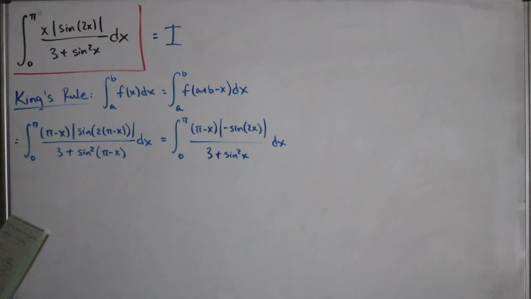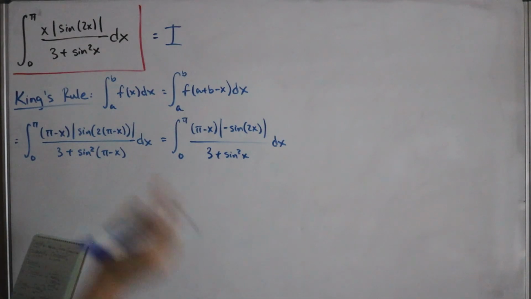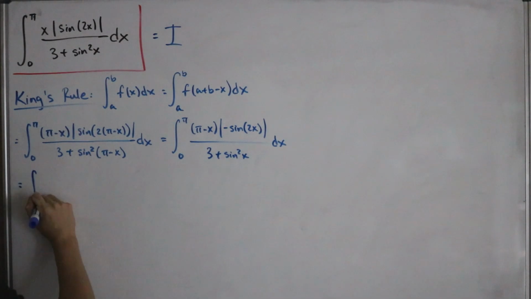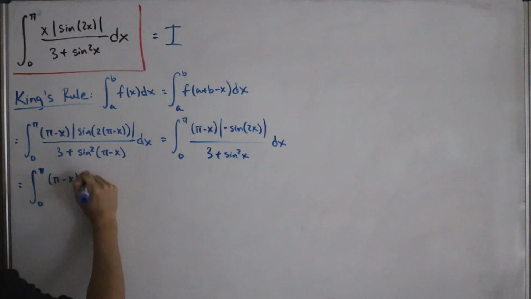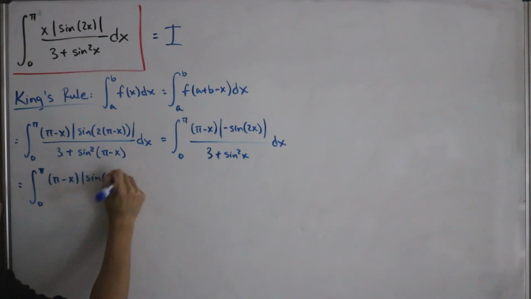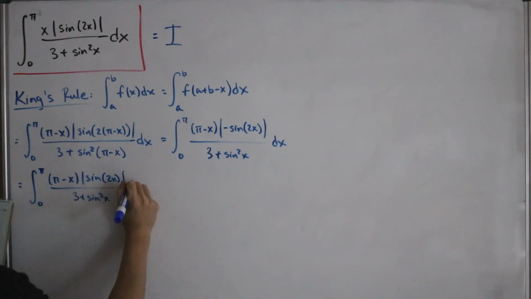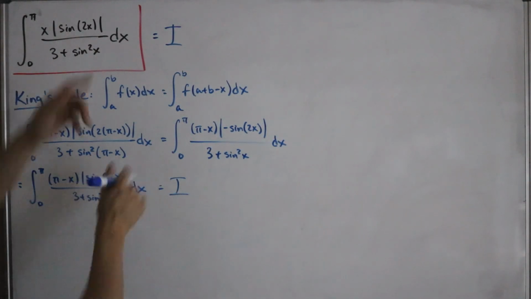Because of the absolute value function, the negative just remains positive. So to simplify even further, this is from 0 to pi of pi minus x times the absolute value of sine of 2x, all divided by 3 plus sine squared of x, and then dx, which is still equal to I. So we have two of the same identities.